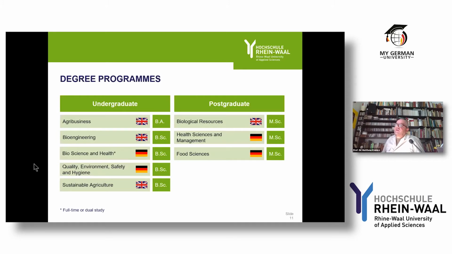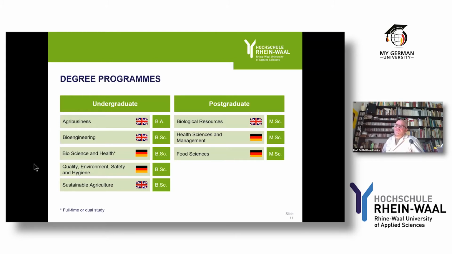We offer 3 postgraduate programs, and those programs are not directly compulsory for these study courses, but they give you an opportunity. Also, as an agriculture student, you could study biological resources or food sciences if you want to, but then you should learn some German, because the food sciences study course is offered in German.